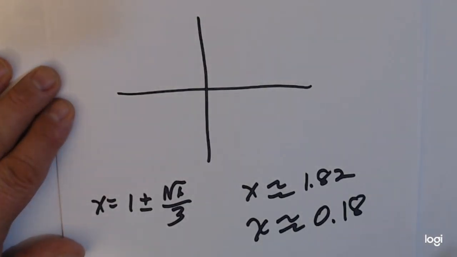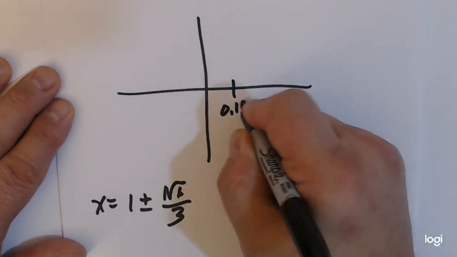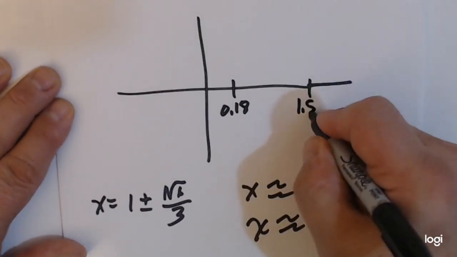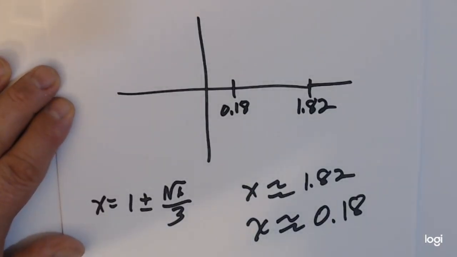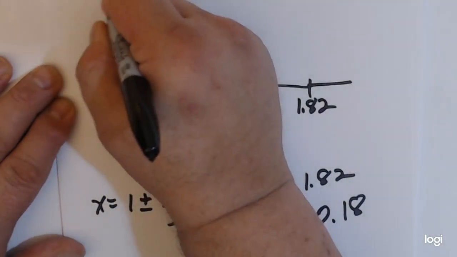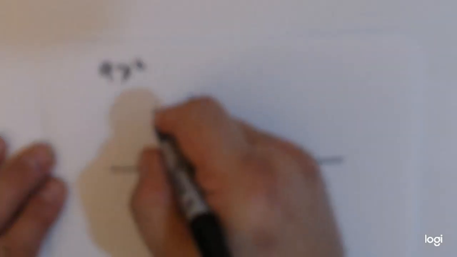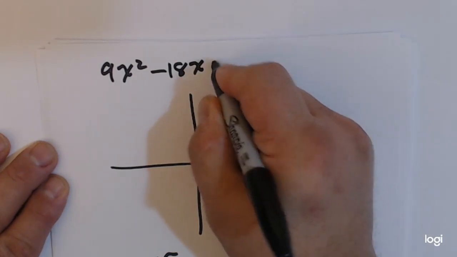So this graph is going to cut here around 0.18 and up here at about 1.82. And our original equation was 9x squared minus 18x plus 3.